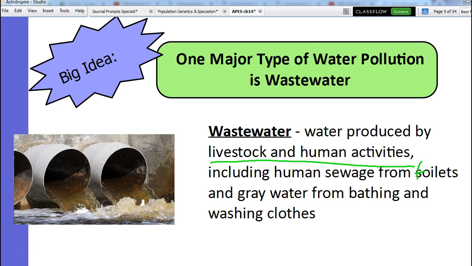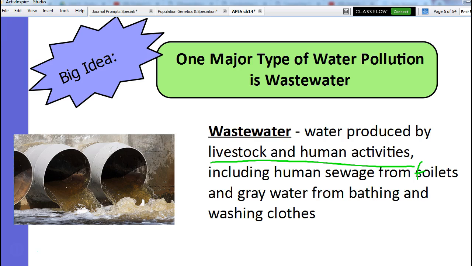So when we talk about wastewater, it's this big umbrella term, okay? And it includes lots of different things. And we're going to learn that there are two different types of sources where wastewater can come from. So I actually misspoke. This doesn't include industrial waste.